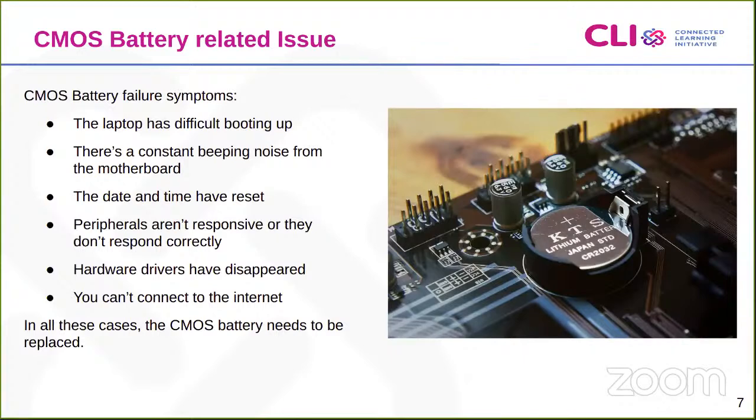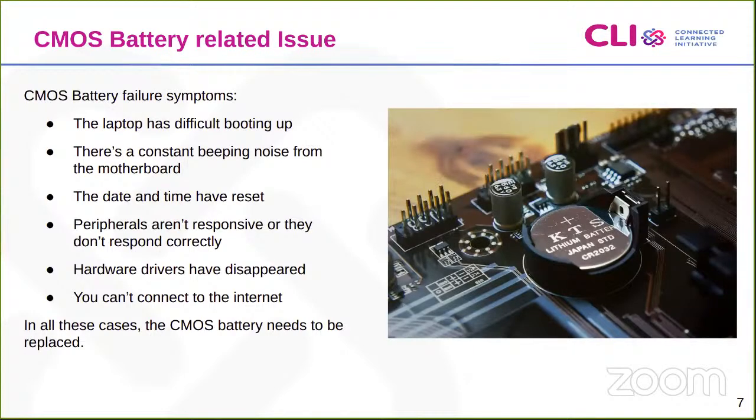There is a constant beeping noise from the motherboard. The date and time have reset, or the peripherals, the computer parts, are not very responsive. Hardware drivers have disappeared. And you cannot connect to the internet. These are some symptoms of the CMOS battery failure.